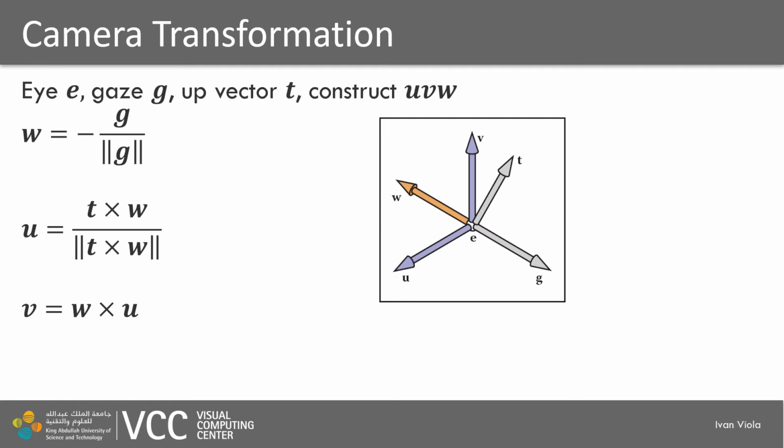So the camera is typically defined by some intuitive parameters such as the point in the 3D world where the camera is placed, the direction in which it is looking, so the gaze direction, and the scene typically would have some logical up vector which will define what is up and what is down, so that the camera can be oriented in the correct way, where the top of the camera will be pointing towards the top.